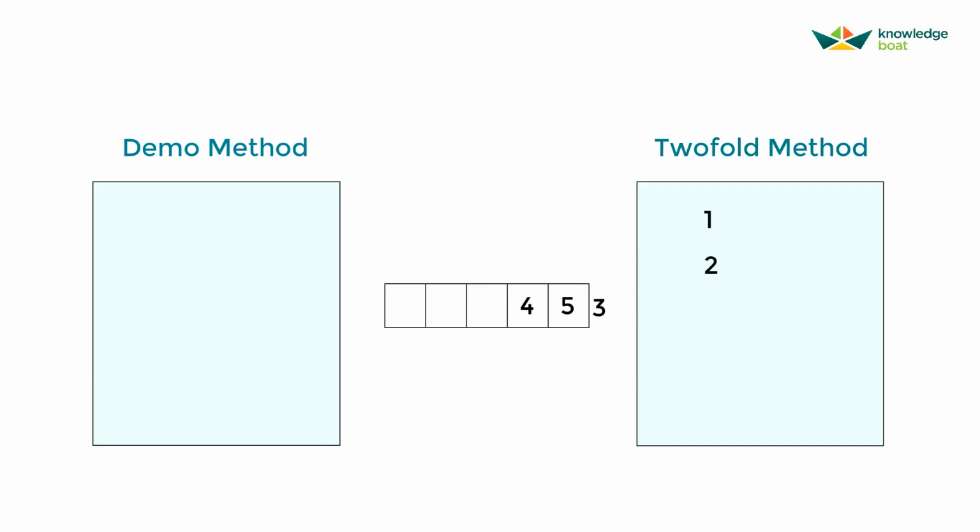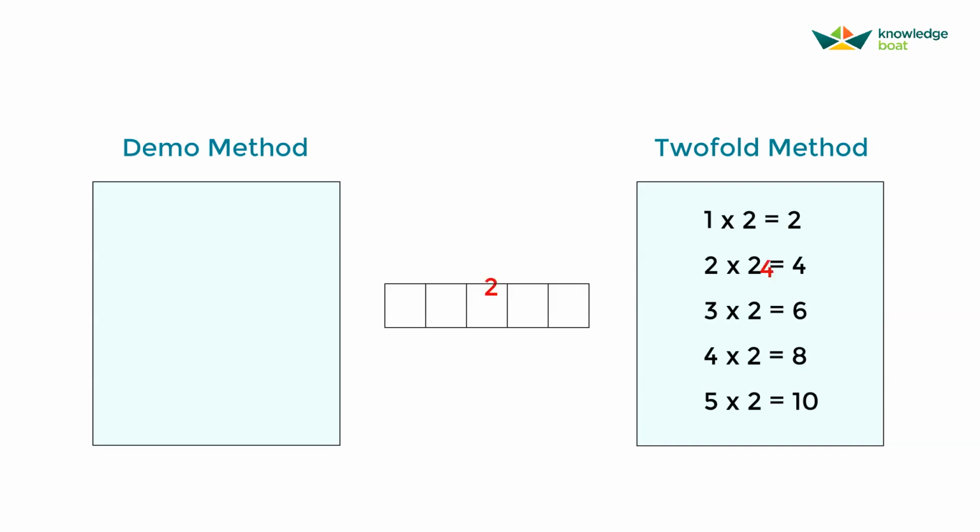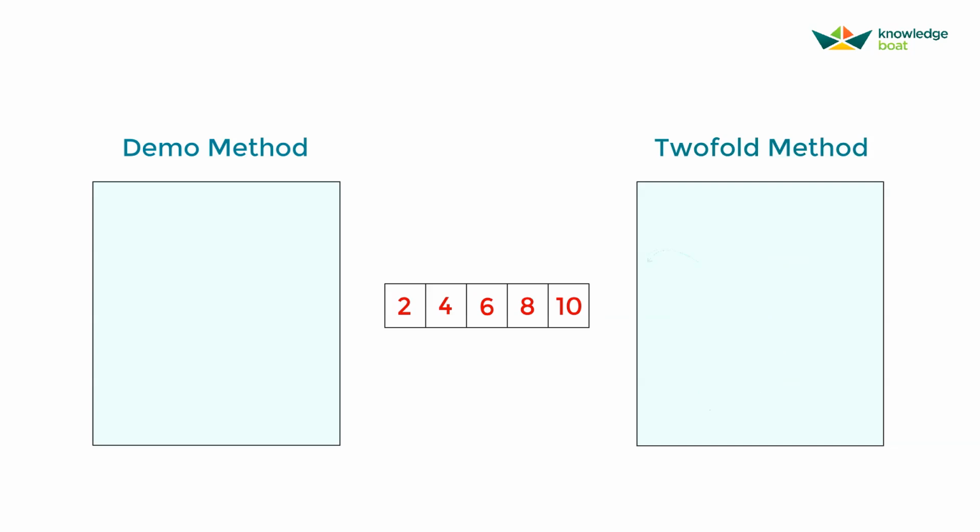Twofold method takes the array elements from this box, multiplies each element by 2 and places this updated array back inside the box. When we check the box in twofold method, we find that each element of the array is doubled. After that, when we go back to demo method and check the box, we find that elements of the array are twice their original value.